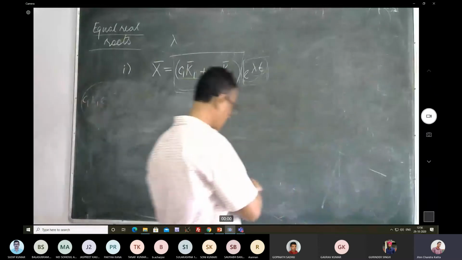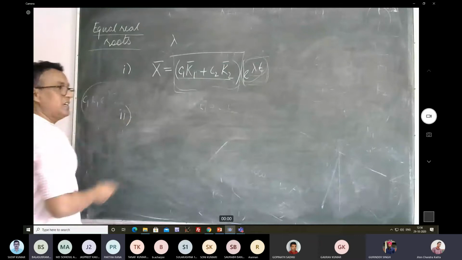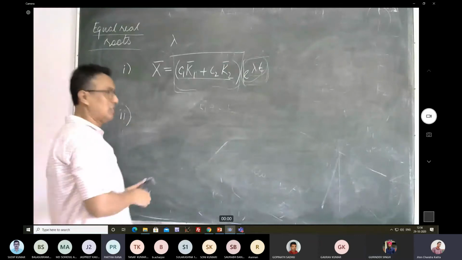When you can find only one eigenvector corresponding to that eigenvalue, right?